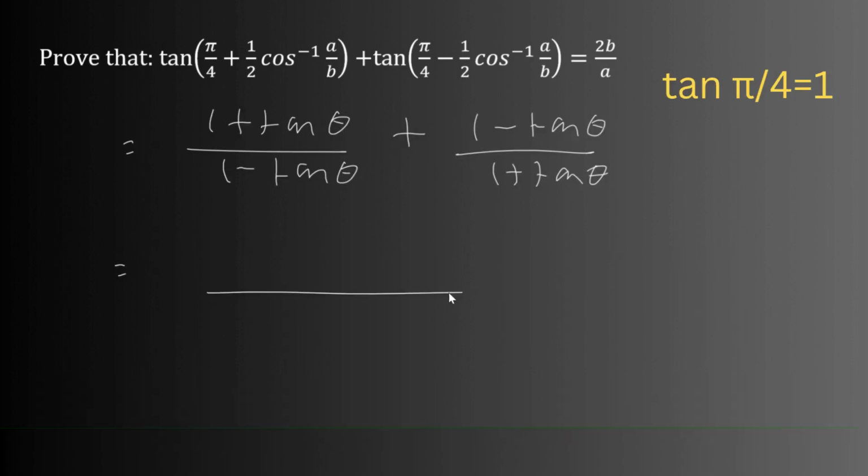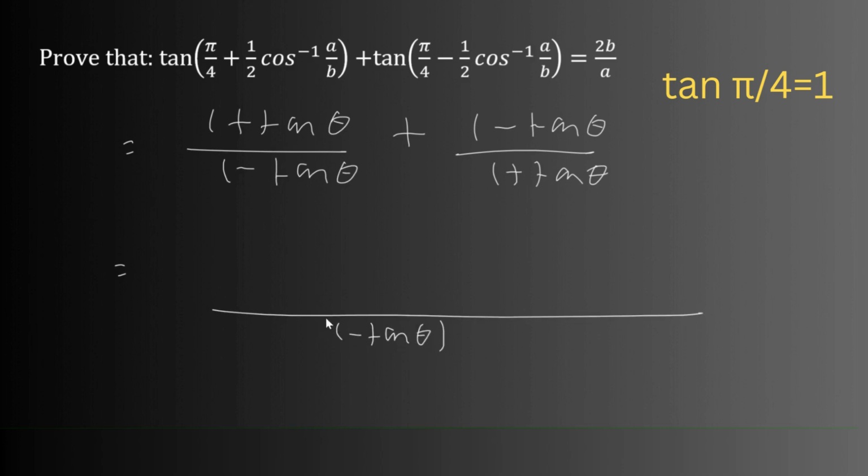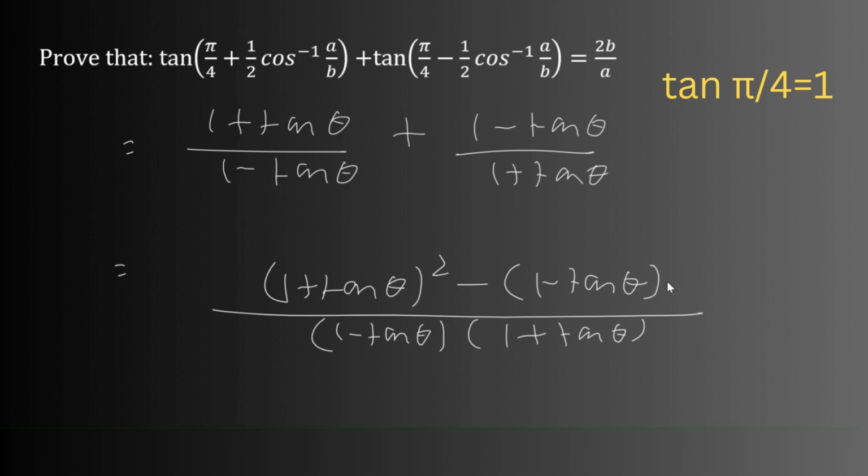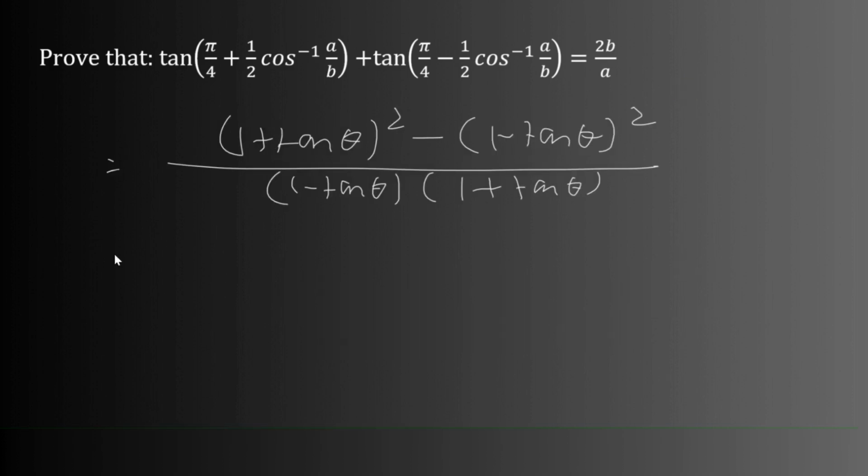Next, we are going to take the LCM, and the LCM in this case will be 1 minus tan theta multiplied by 1 plus tan theta. So this will be 1 plus tan theta the whole square, and this is 1 minus tan theta the whole square. Next, we apply a plus b whole square over here and a minus b whole square.